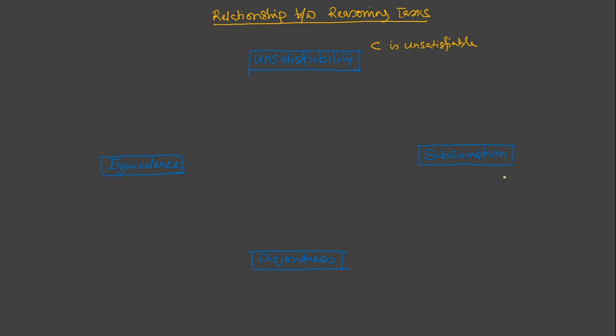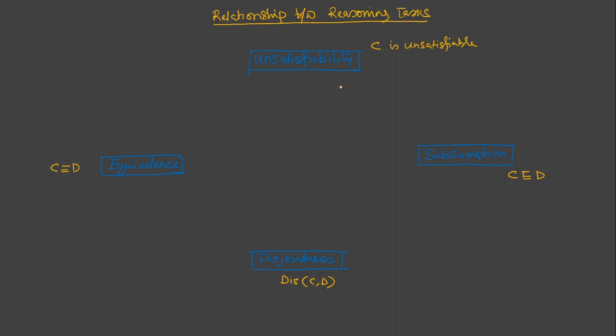By subsumption, we mean that C is a subclass of D. By disjointness, we mean two classes C and D are disjoint with each other. By equivalence, we mean that C is equivalent to D. So these are the kinds of meanings that we can ascribe to different tasks.